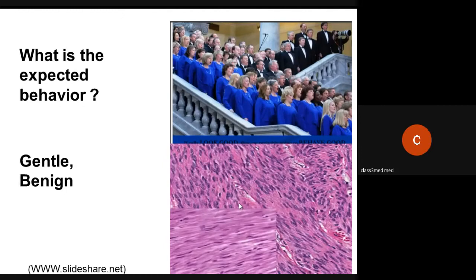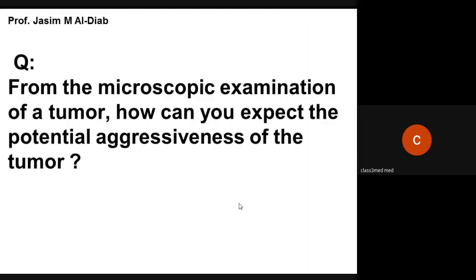Now, is it clear? What is the tumor grade? And what is the differentiation? And what is the potential aggressiveness of the tumor? So from the histological examination of the tumor, how can you determine the potential aggressiveness of the tumor? If you are a pathologist examining, I don't want you to become a pathologist, but I want you to know what tumor grade means. They give you the tumor and you examine it, and from this histological examination, how will you know whether the tumor will behave aggressively, less aggressively, or benignly? Okay, very clear.